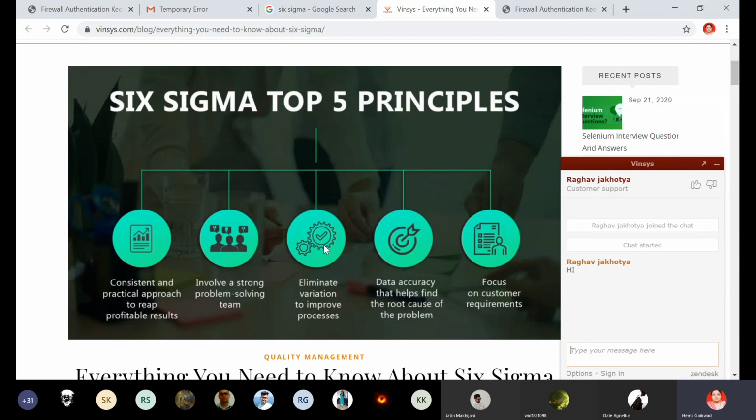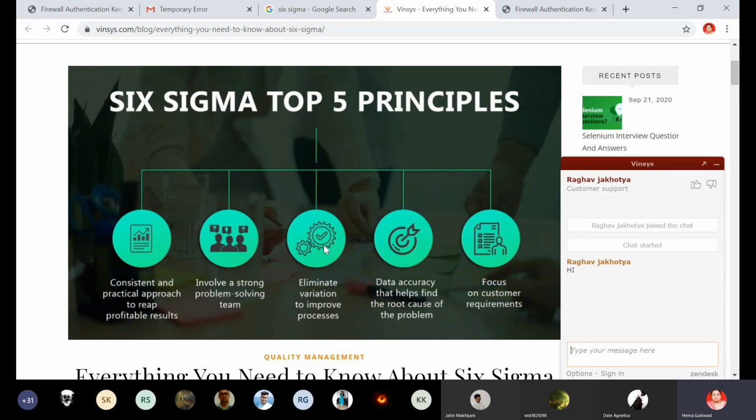If you want to apply the quality model, you have to focus on the customer, you have to focus on the client. Focus means you have to consider all the expectations of your customer or client. When your client is satisfied, then only we can get good quality. So everything is dependent on each other.